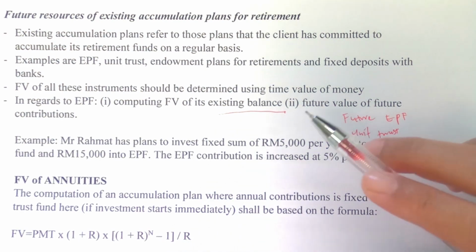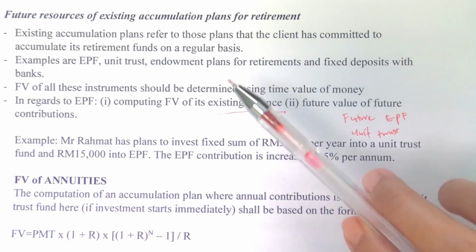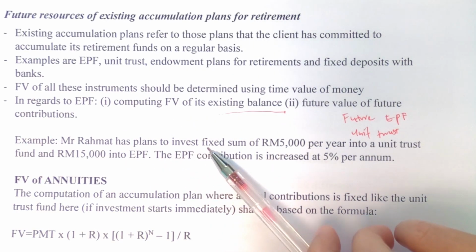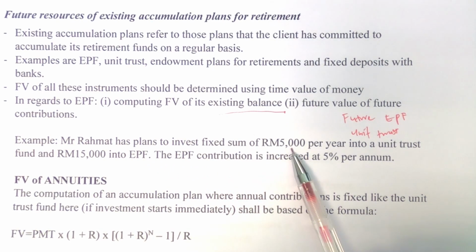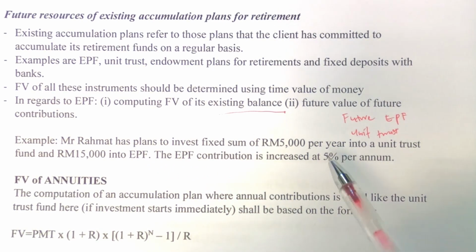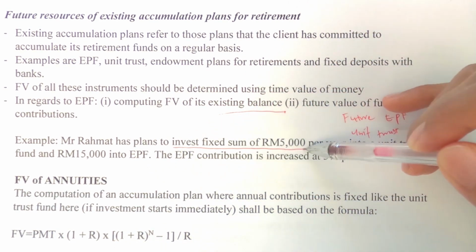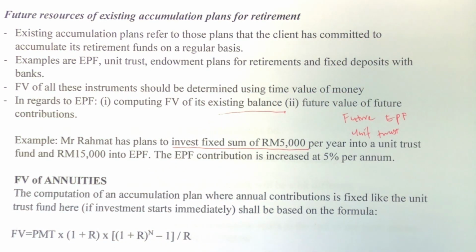I give you the example here. Mr. Ahmad plans to invest a fixed sum of 5,000 per year. So your client has planned to invest a fixed sum of 5,000 per year.